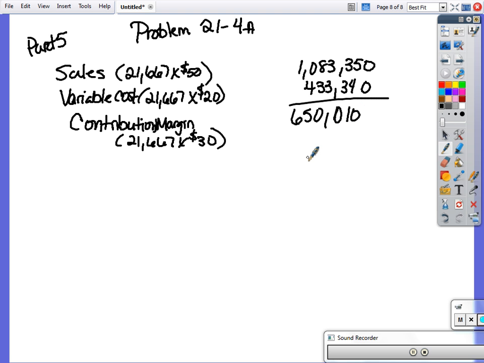Yes. And what comes next? Fixed cost, which were how much? 450,000.